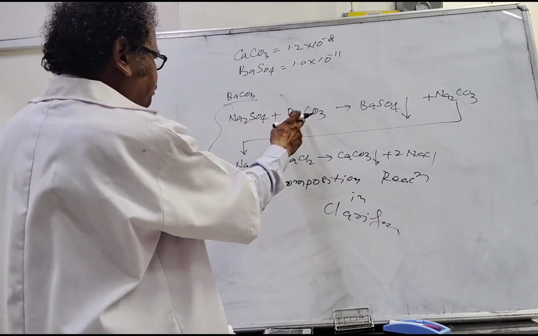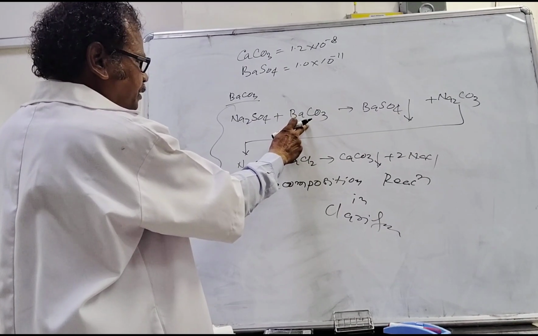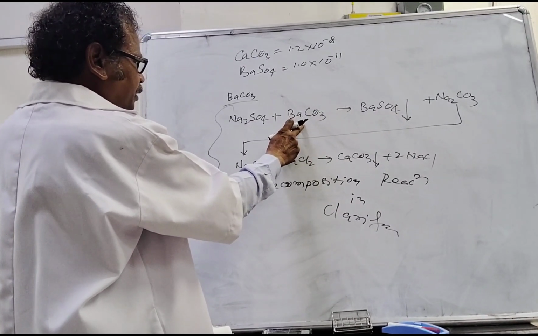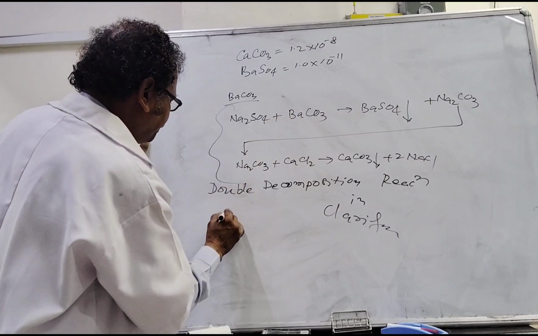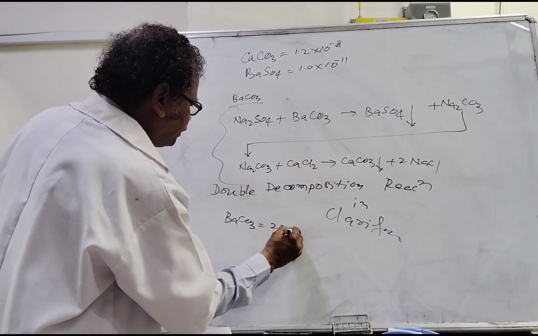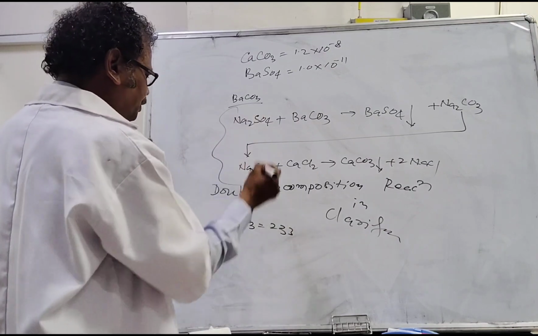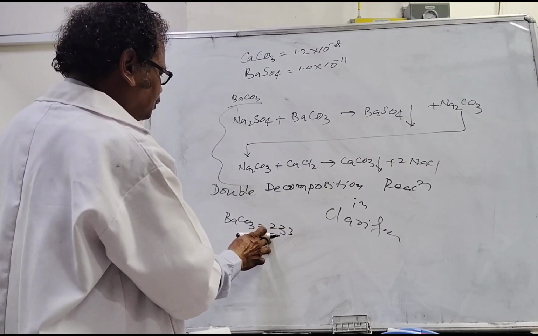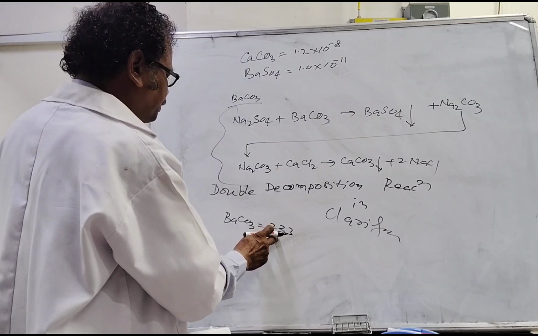You see this is barium carbonate. Its molecular weight is 197, and sodium sulfate, its molecular weight is 142, and barium sulfate is 233.